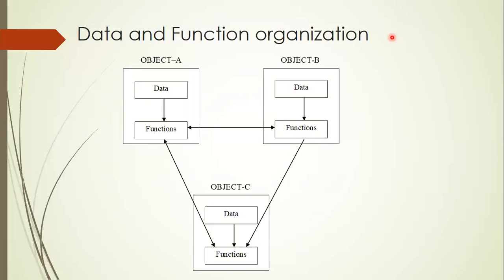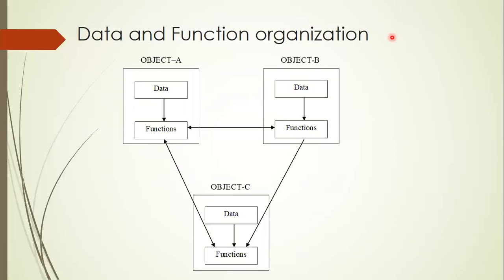Here you can easily see that direct movement of data from one object to another object is not permitted. Your program is first decomposed into a number of objects, and each of these objects can communicate with each other through their corresponding functions.